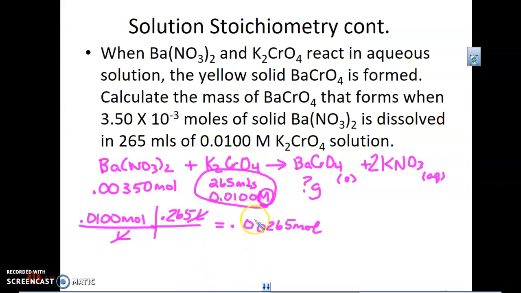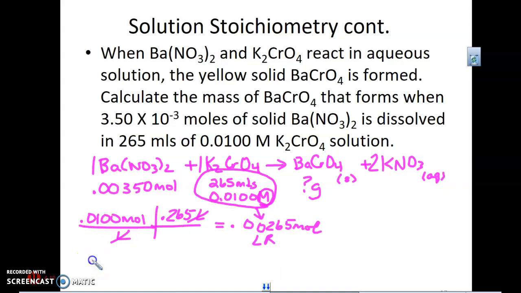But all I'm going to do here is realize that I have 0.00265 moles of potassium chromate. I have 0.00350 moles of barium nitrate. It is a one-to-one relationship. I don't have to do anything fancy. I just have to look at these and go, okay, if this is a one-to-one relationship, I have more of this and less of this. This is my limiting reactant.